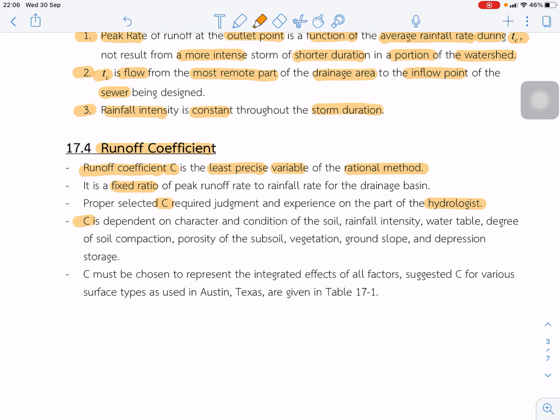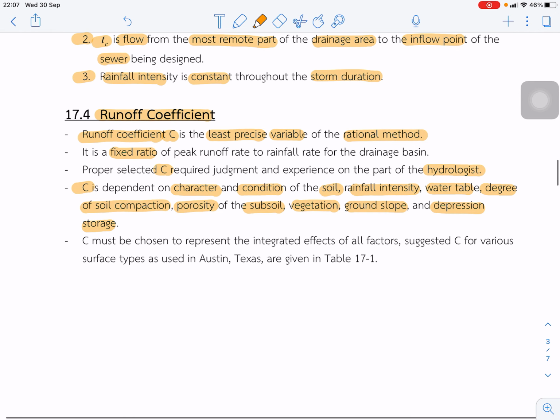C depends on the character and condition of the soil, rainfall intensity, water table, degree of soil compaction, porosity of the subsoil, vegetation, ground surface, and depression storage. So C depends on many parameters. So C must be chosen to represent the integrated effect of all the above factors.